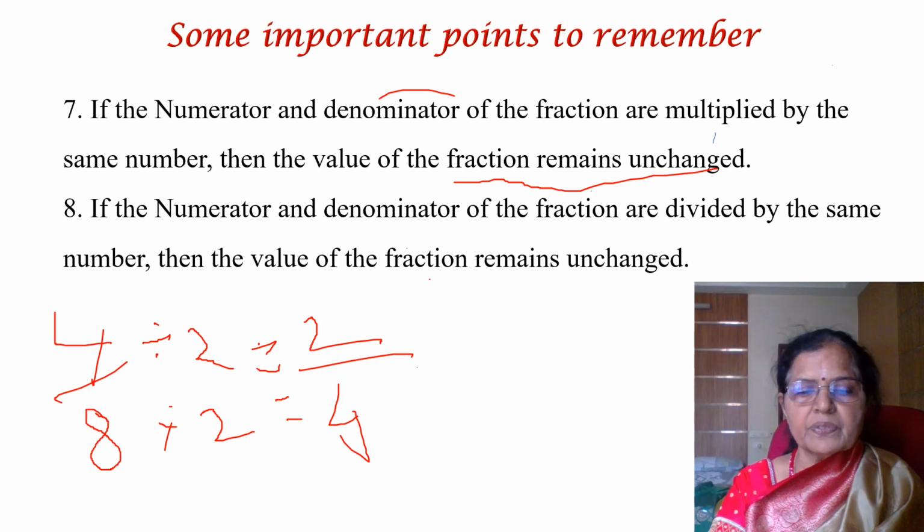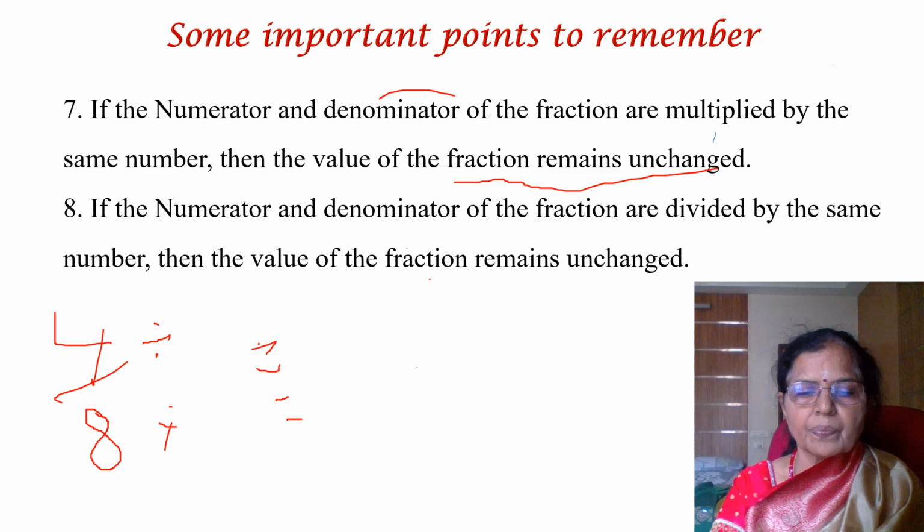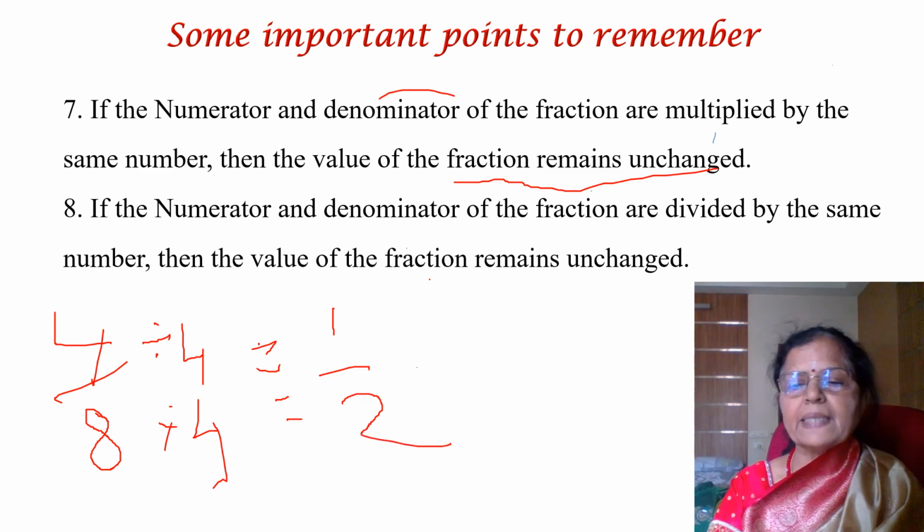And we'll see with another number. Divide both the numbers with 4. You divide this with 4 and you divide this with 4. What do you get? You get 4 divided by 4, 1. And 8 divided by 4, you get 2. Again, half. Half is equivalent to 4 by 8.